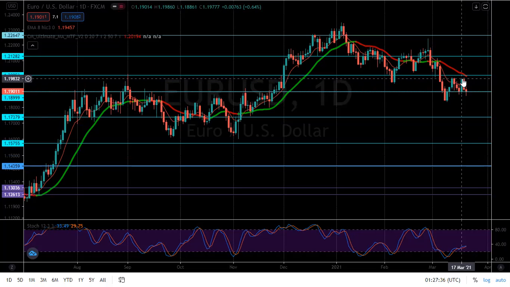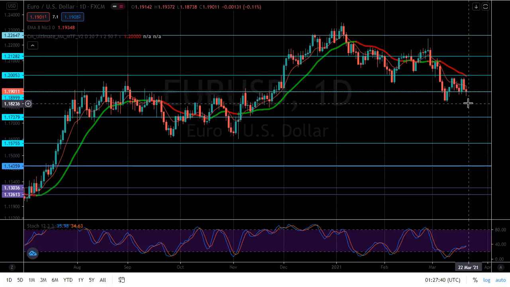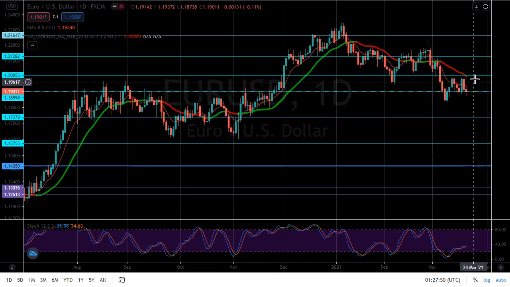We put something that looks like a double top there. Price came to the downside, and we've shown some reduced momentum to the downside here on Friday. So most likely we might have a retest again of this zone.